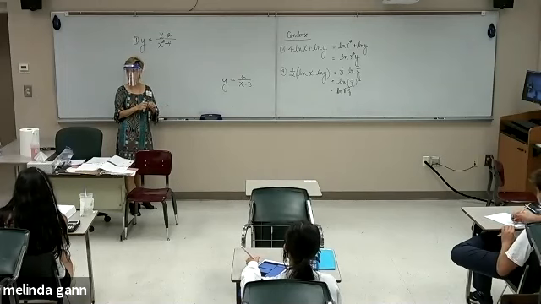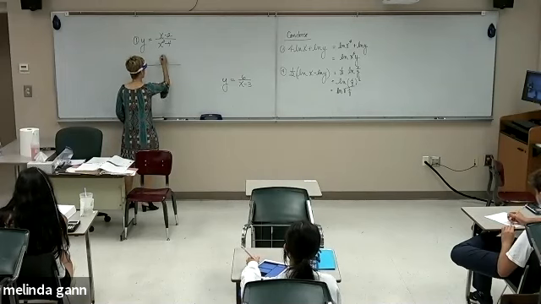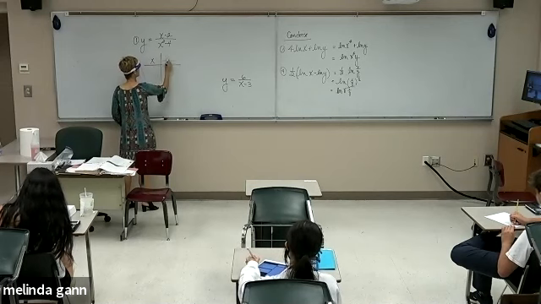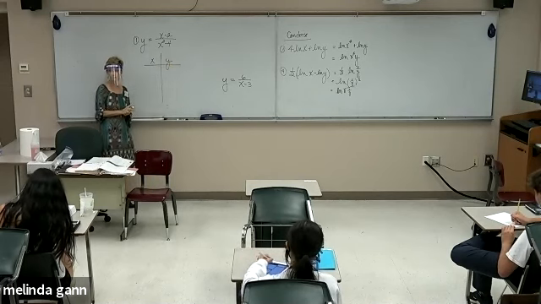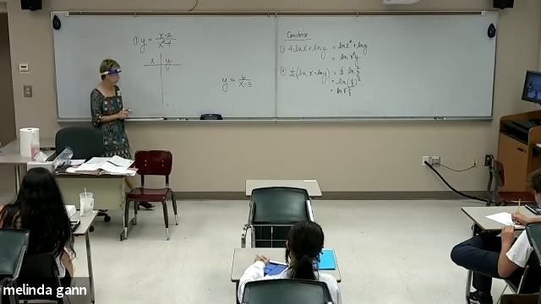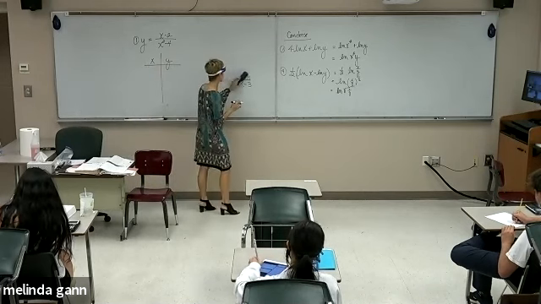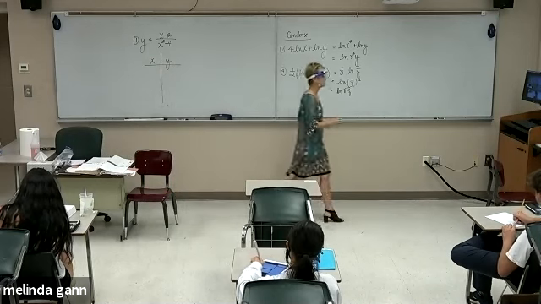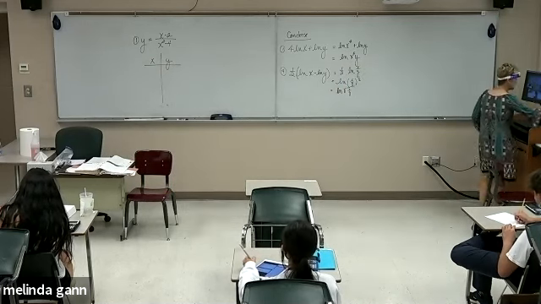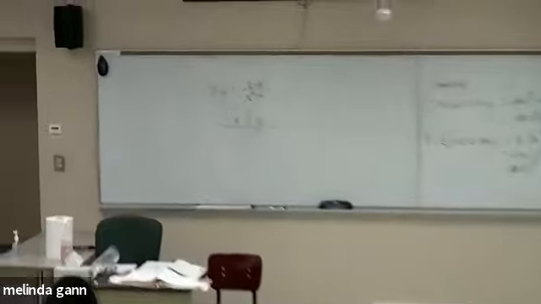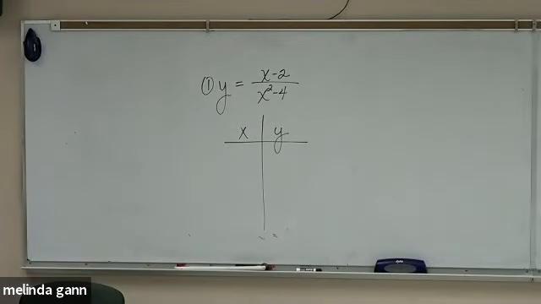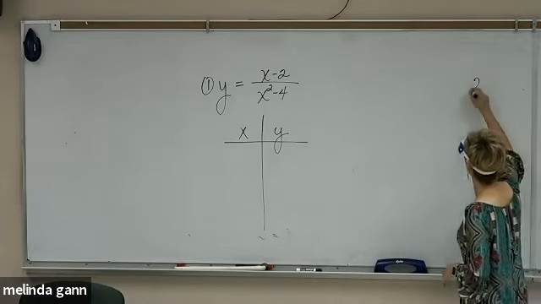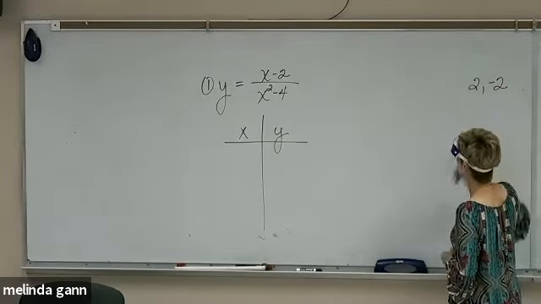We okay? Now, what I want you to do is make a t-table. Now, I want you to tell me a couple of values that you know you're not going to be able to use, that are going to be a disaster if you use them. 2 and what? -2.